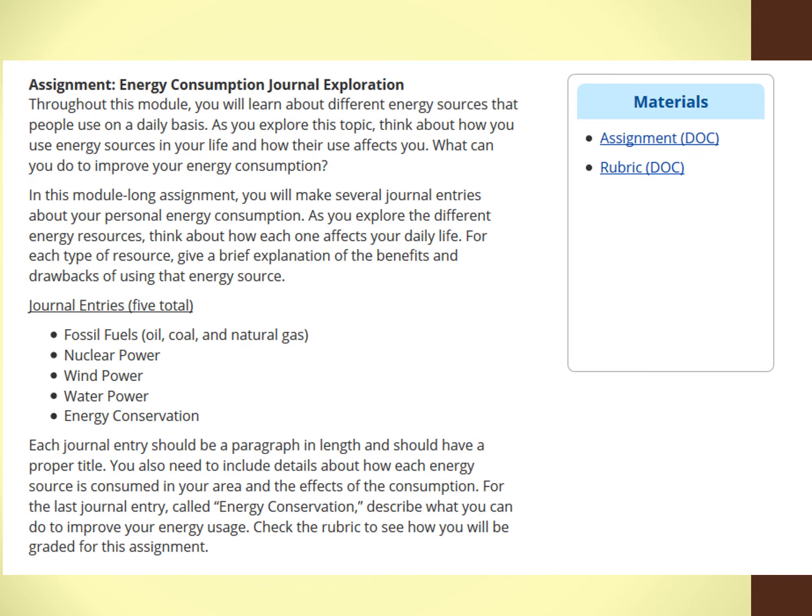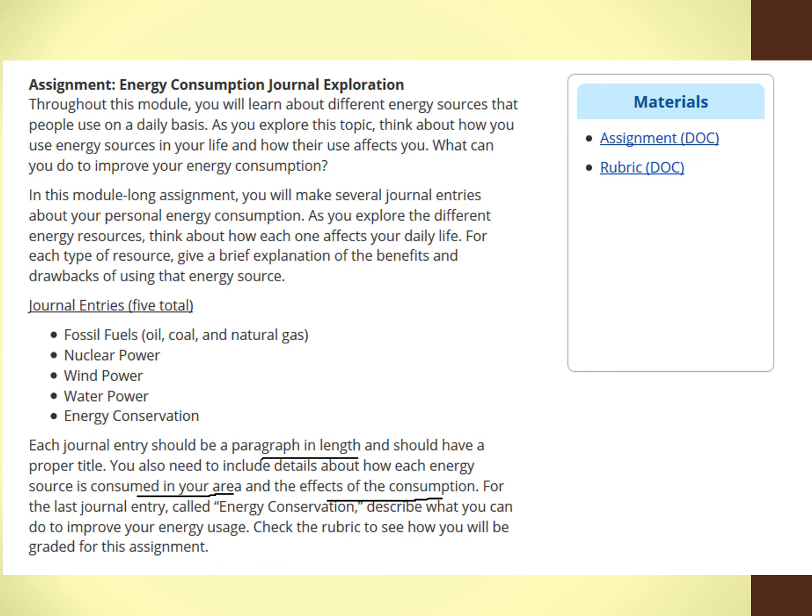You're going to write or type at least a paragraph. It tells us down here it should be a paragraph in length and should have a proper title. You need to give me details about how much of the energy source is consumed in your area where you live and the effects of the consumption in that area.